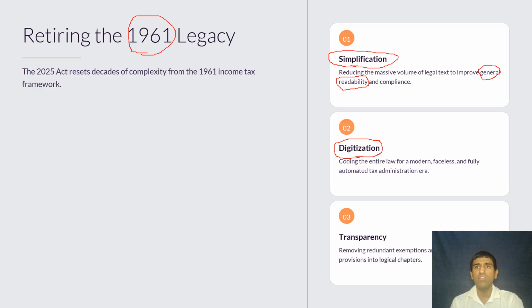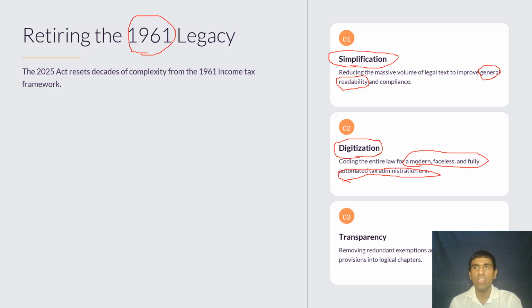To symbolize the new era, to essentially embody the present era more, in order to keep up with the needs of the current age, this 2025 act has been enacted. So the entire law has been codified for a modern, faceless and fully automated tax administration age.